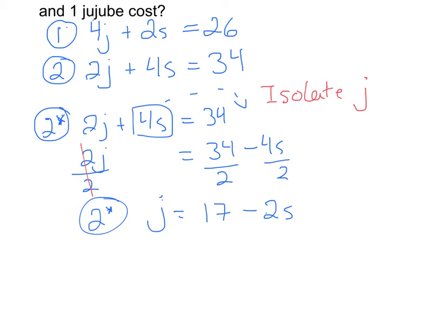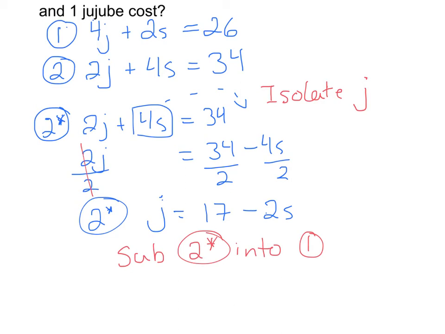So now that I've isolated it, I need to substitute 2 star into my first equation. My first equation was 4j plus 2s is equal to 26.